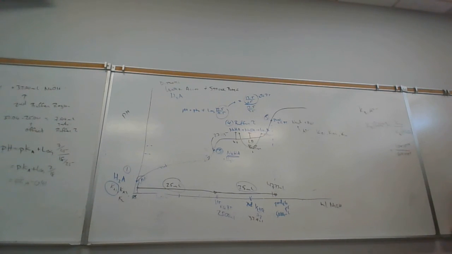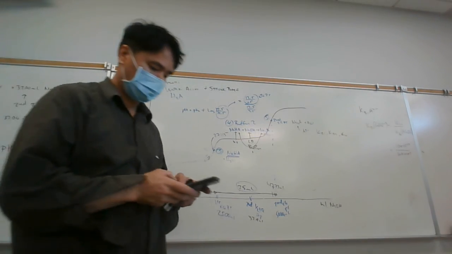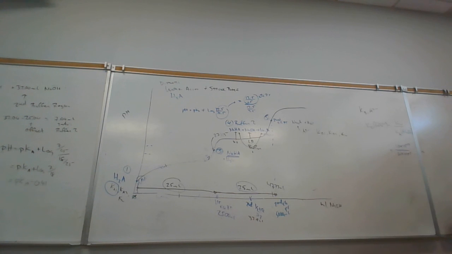Okay, this is going to give us a Kb value of 1.5625 times 10 to the minus 10.